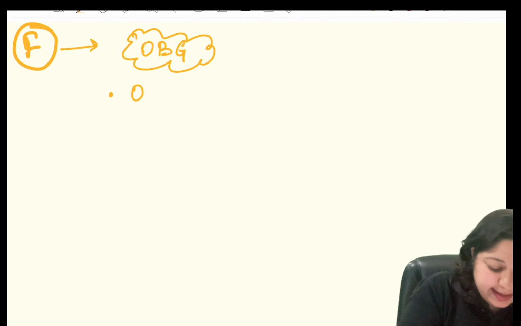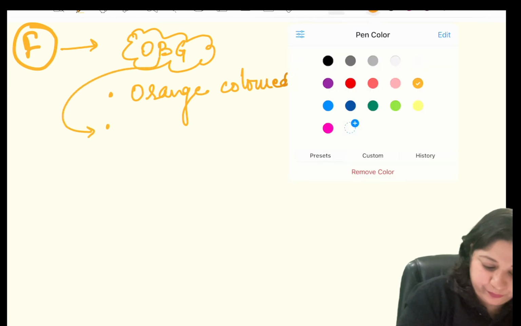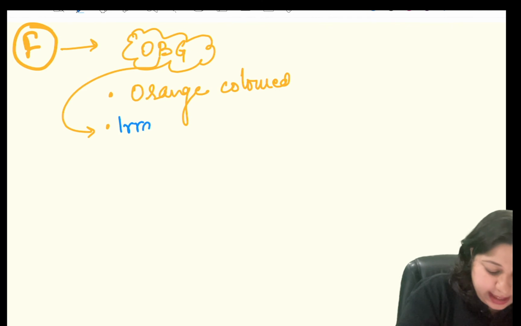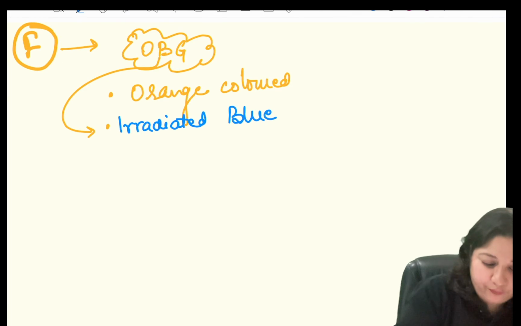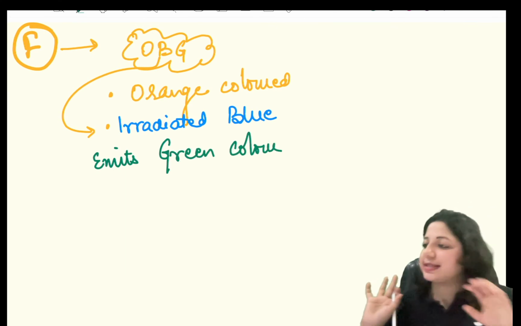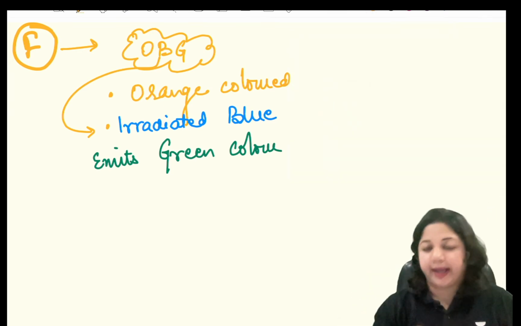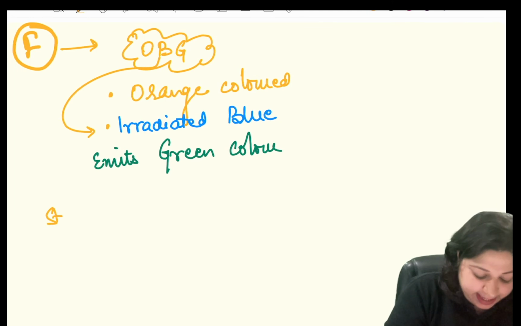So we know it is an orange colored dye which is irradiated by blue color of the lower wavelength and emits green color. Everybody knows till here? It was simple. Okay. Now you need to know what it stains.